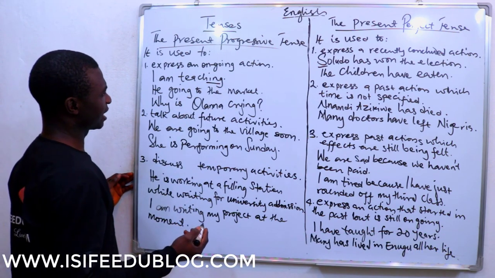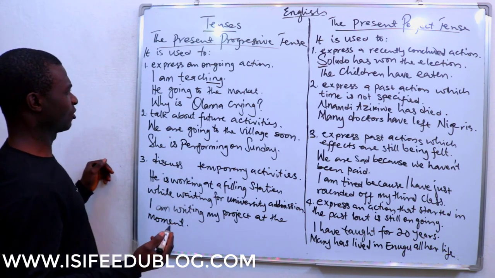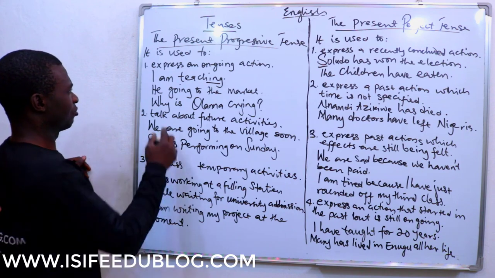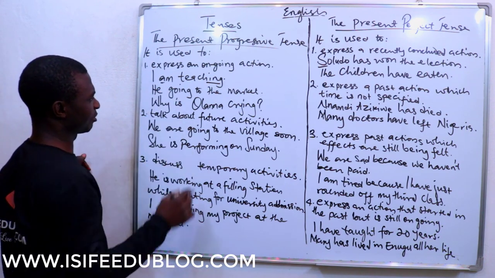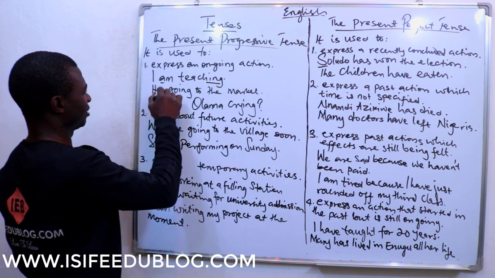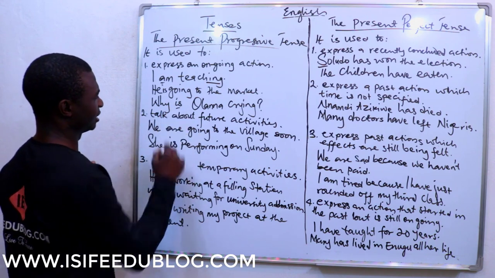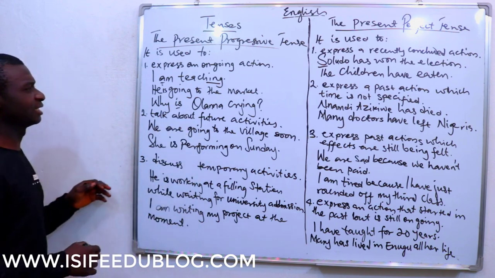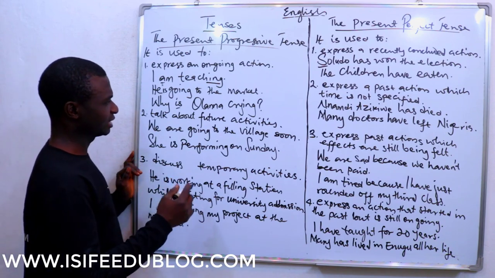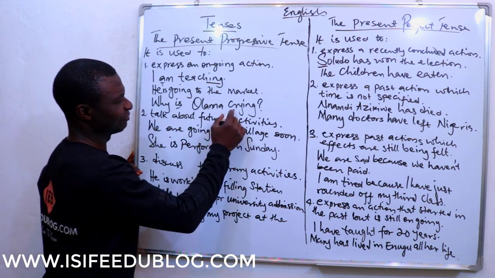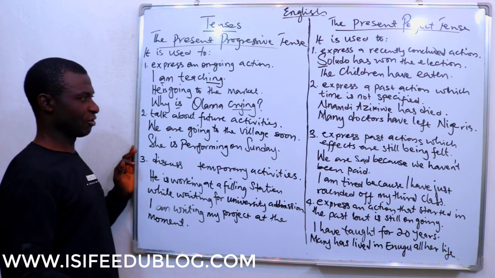To get the ing form, usually we have the auxiliary verb. Here we have am, which is a member of the verb be. Here we have is, member of the verb be, and here is another is. So you take the verb be in assistance to the main verb to create the ing form.